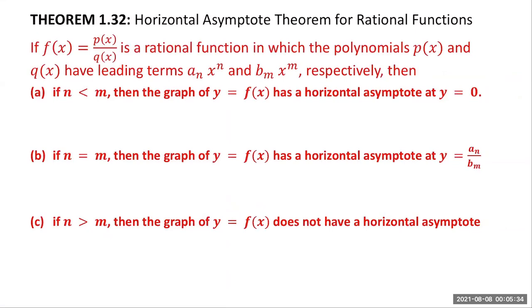Next, we have this very interesting theorem. This theorem is called the horizontal asymptote theorem for rational functions. Let's see what this theorem tells.